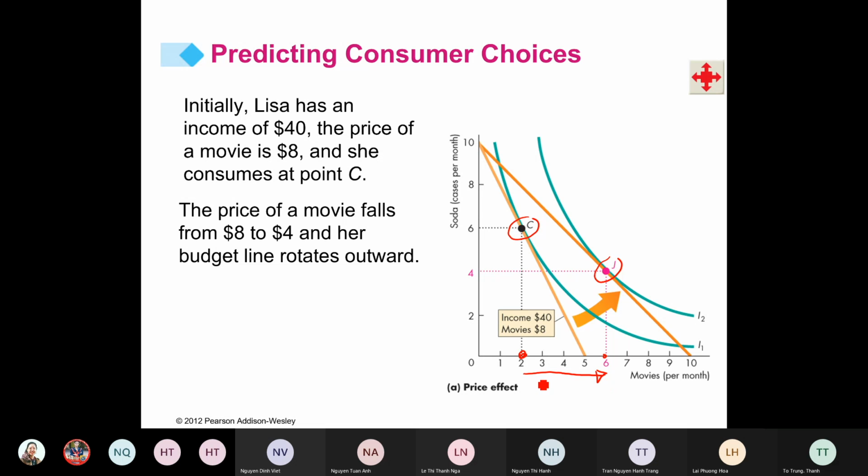This is called the price effect, right? That's what we started with. So the price effect makes Lisa buy 2 movies previously, and now 6 movies, when the price of movies declined from $8 to $4.